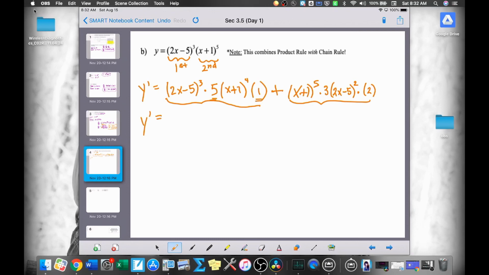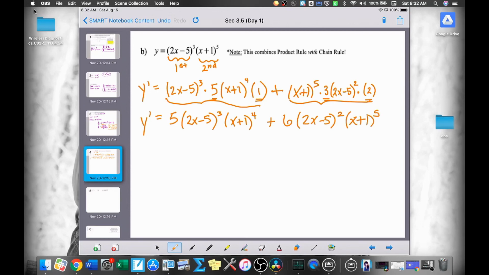We multiply those together and we get 5. And then we have 2x minus 5 cubed times x plus 1 to the 4th. And in my second term, I can multiply the 3 times the 2, which gives me 6. And then I have 2x minus 5 squared and x plus 1 to the 5th.